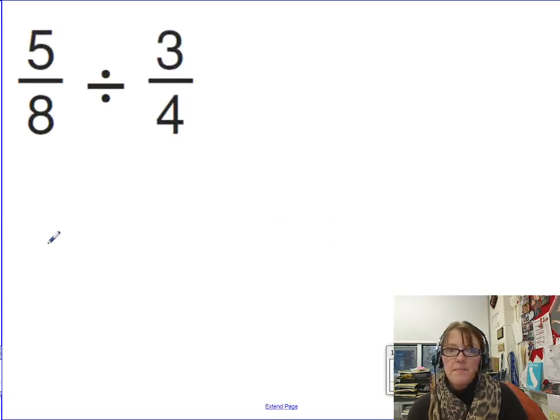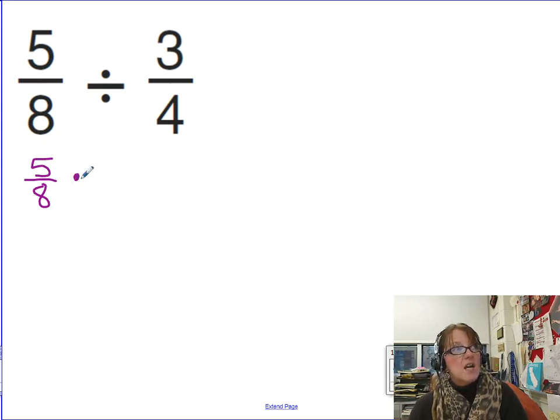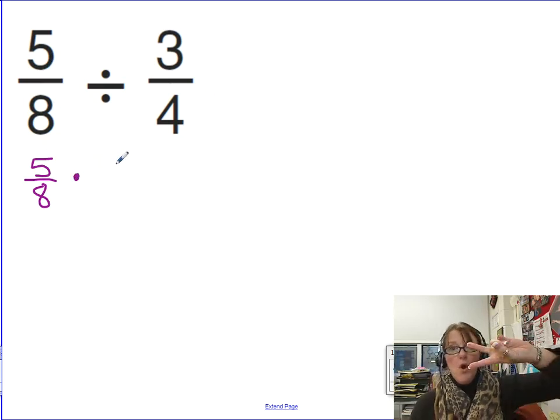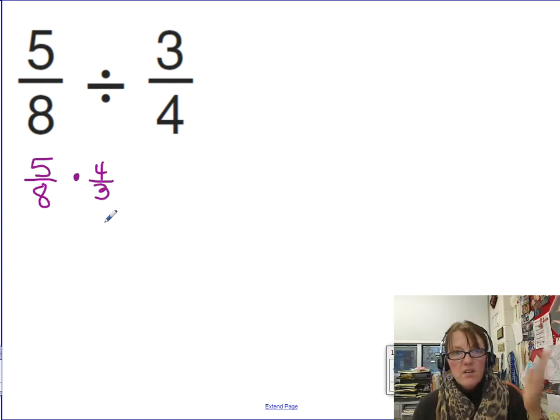Let's get cracking. This one says 5/8 divided by 3/4. Here's what you have to do first. You have to rewrite this as a multiplication problem. So instead of 5/8 divided by, we're going to say 5/8 times the reciprocal, 4/3. Okay, the same thing. Now, cakewalk.